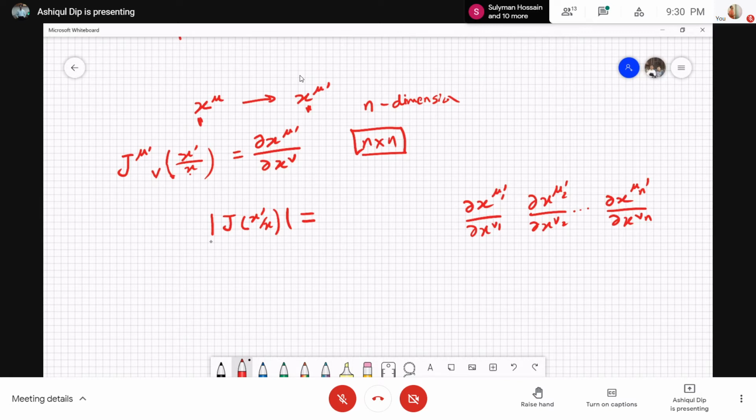I'm considering the upper one as the first one, so I prefer to use this one, though it doesn't matter. Oh, sorry, not P, it's up to N, right? So here I need to write what? It's also upper, I think. It's also upper, yes.